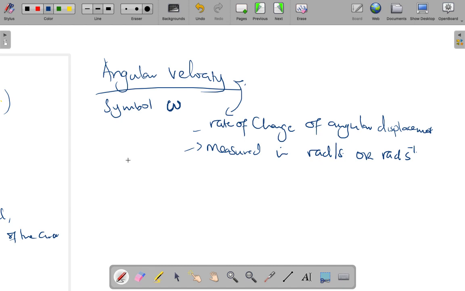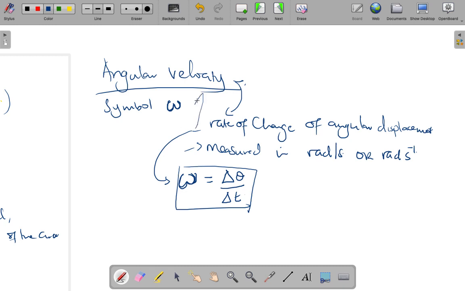So the formula from the definition gives us omega, or angular velocity, sometimes called angular speed, is change in displacement with time, change in time. So rate of change of angular displacement with time. So this here is the formula for angular velocity.